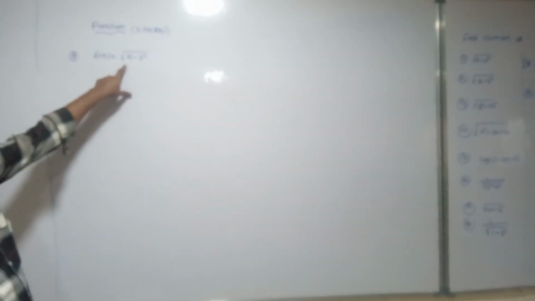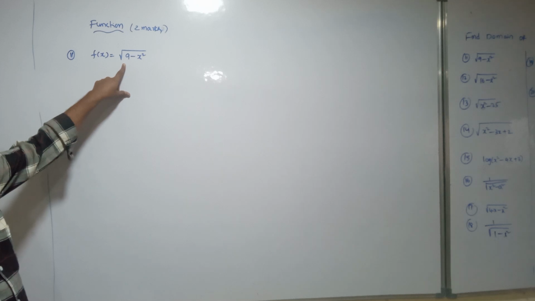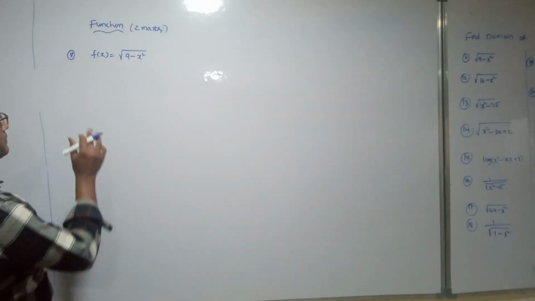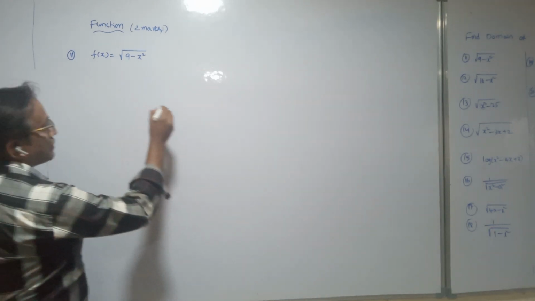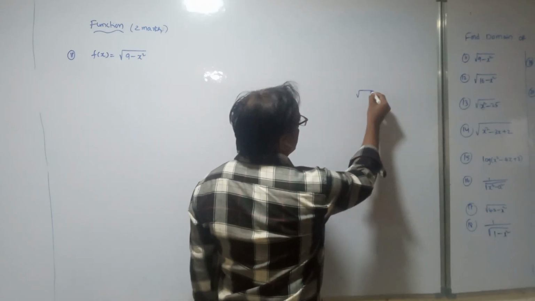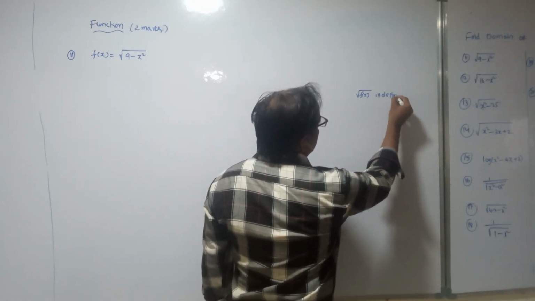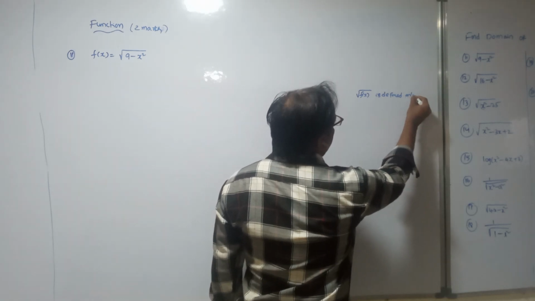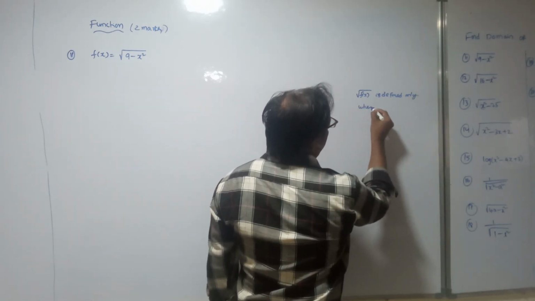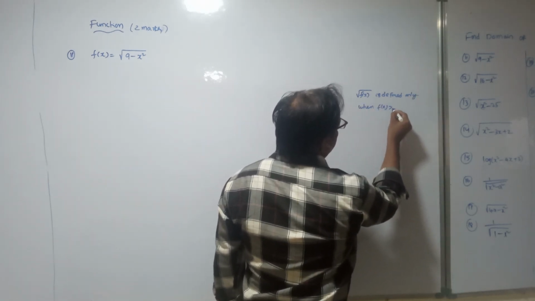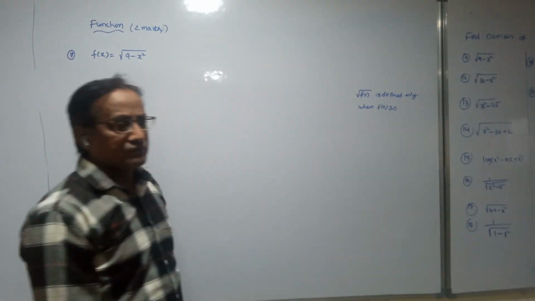To find the domain of the function square root of 9 minus x square, remember that the square root of a function, root f of x, is defined only when f of x is greater than or equal to 0.